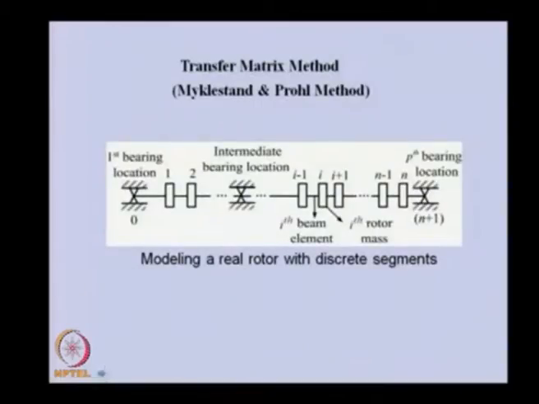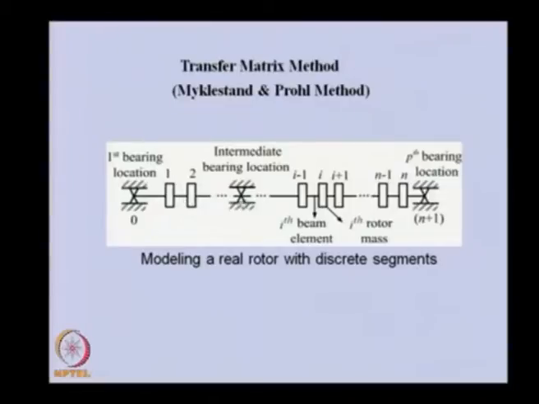So, let us take a multi mass rotor system in which we can have multiple supports also, and in this we have labeled various stations from 0, 1 up to n plus 1. All the important discs and bearing locations need to be assigned some station number.